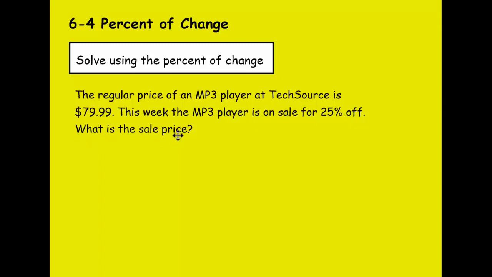So for here, we're actually going to go away from the formula a little bit and just use percentages and multiply. For example, all we need to do is take 25%, find out what 25% of $79.99 is, and then just take that off the price because it's on sale. So for this, we would do $79.99 times 25% and see what that equals.